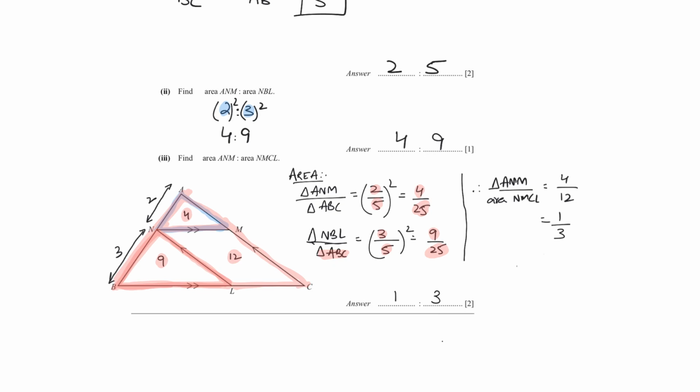Now this is the distribution of the areas. So out of 25, 4 refers to triangle ANM, 9 refers to NBL, and 12 refers to NMLC. You were asked to find the ratio of the area of ANM and NMCL. So I know that the ratio of the areas would be 4 is to 12, which simplifies to 1 is to 3.